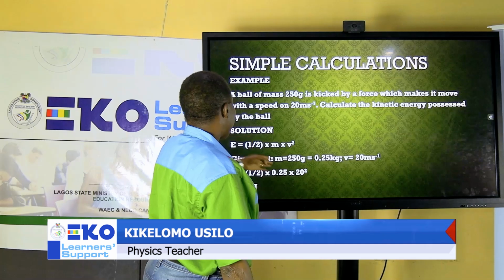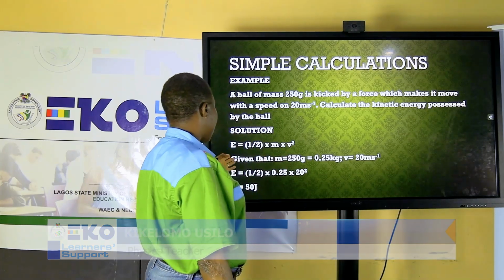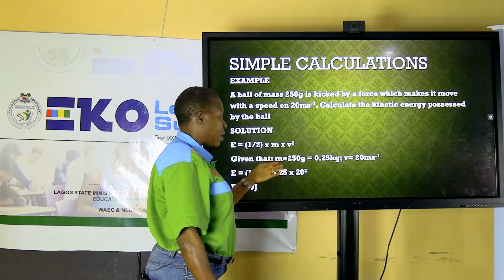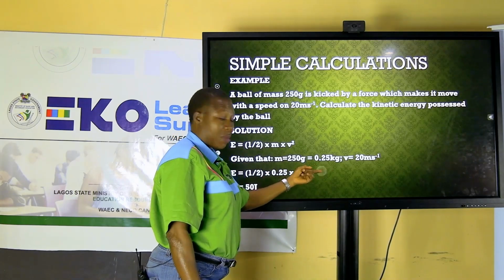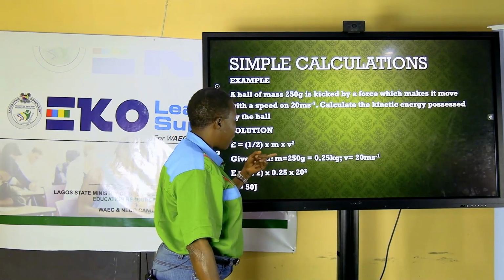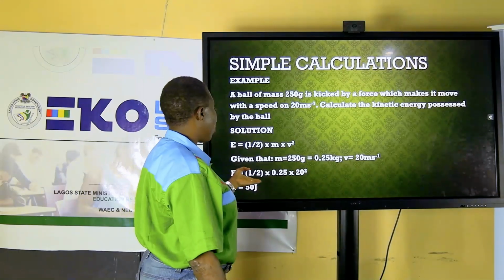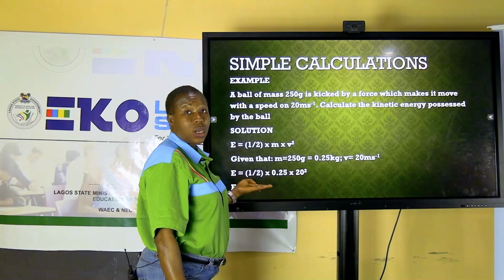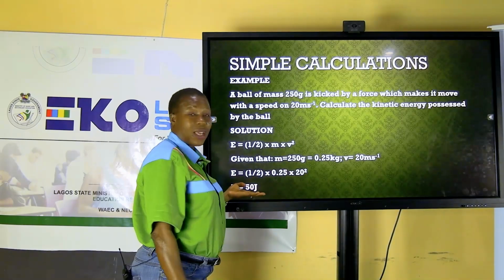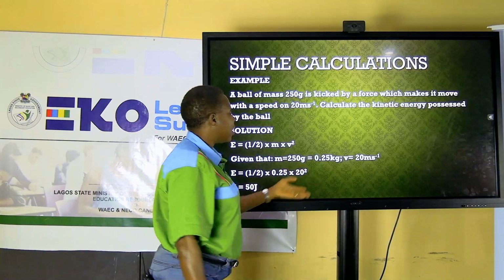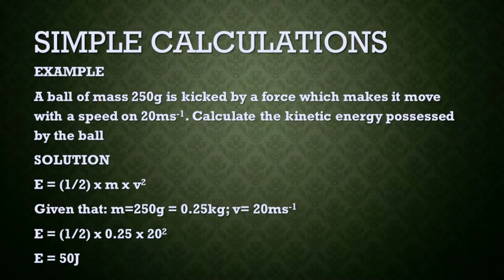Slotting the values into the formula, we have half multiplied by 0.25 multiplied by 20 squared. By the time you use your calculator, we have the answer to be 50 joules. That is the kinetic energy possessed by the ball when the ball is kicked.